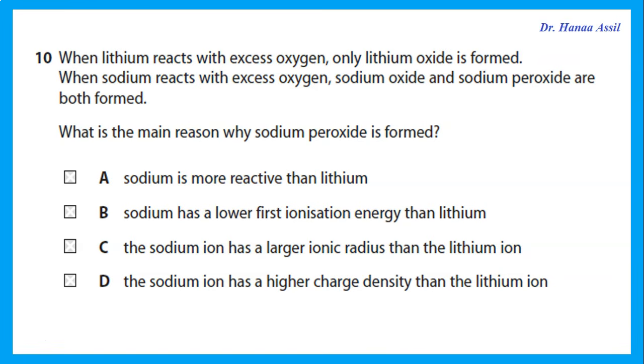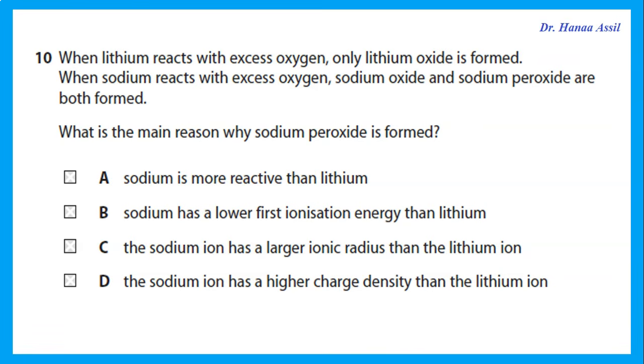When lithium reacts with excess oxygen, only lithium oxide is formed. When sodium reacts with excess oxygen, it forms sodium oxide and sodium peroxide. Both of them are formed. What is the main reason why sodium peroxide is formed? Why does sodium form more types of oxides than lithium?